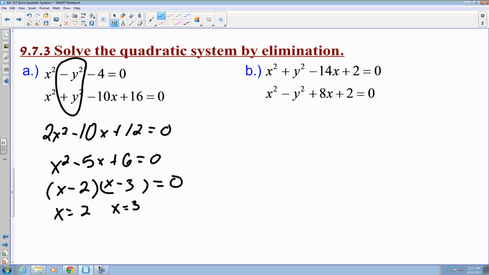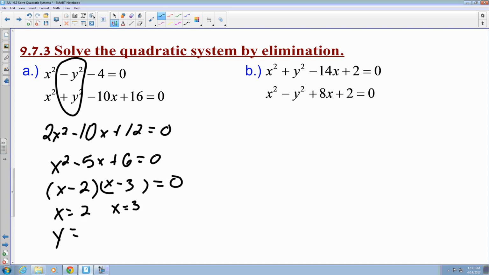So from here, if I have x equals 2, it's going to be, so it was what, 4? So 2 squared is 4.